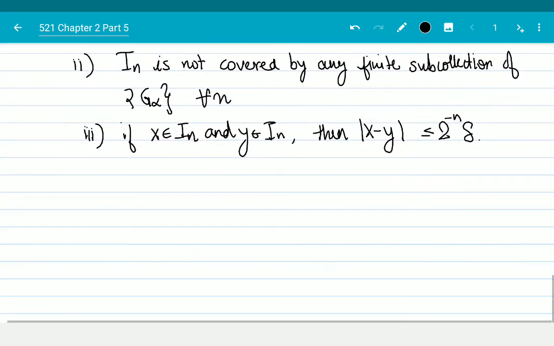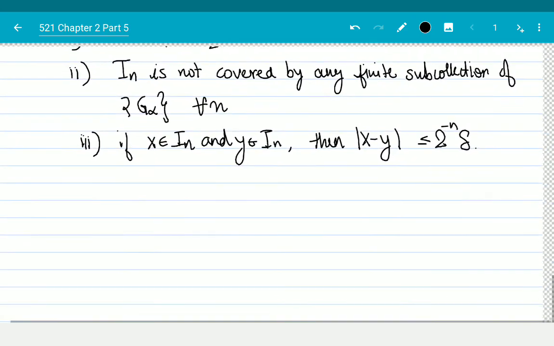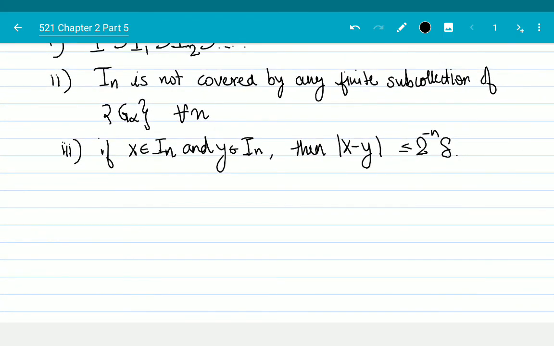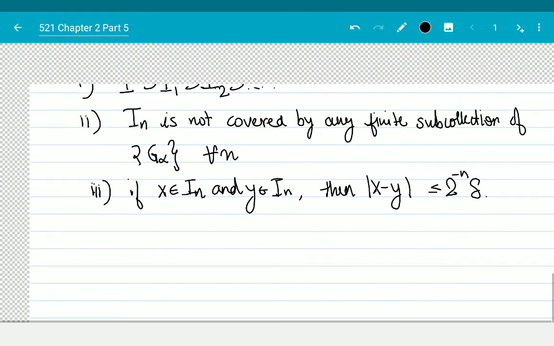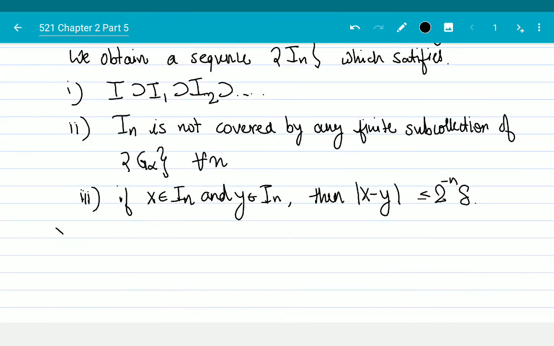Why is this true? In each step, the size of the interval gets halved. Okay? Each interval, whenever you take AI, CI, you are reducing the size by half, right? And so the total size, if you do it n times, gets divided by 2 to the n.